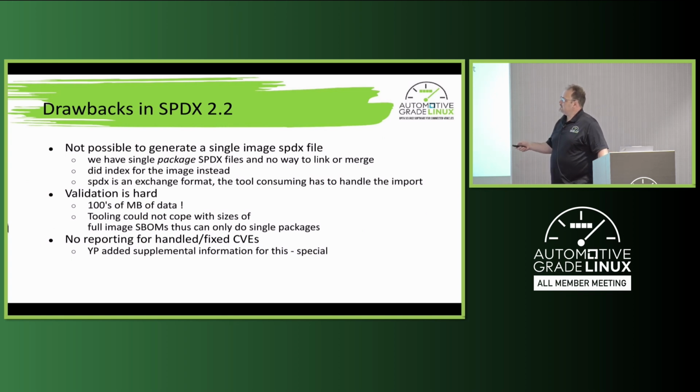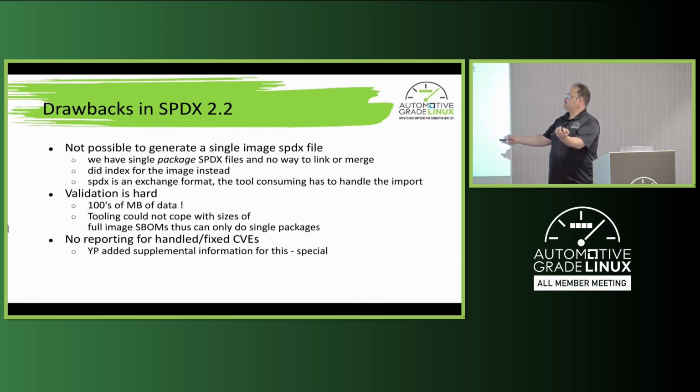Also, in SPDX 2.2, there was no way to add information about CVEs or about handled CVEs. The package version was recorded, so if we then checked for a CVE, we would see the package version and say, yeah, this package is vulnerable.